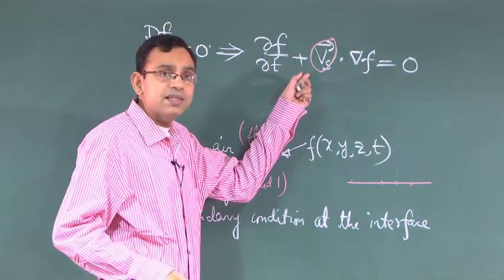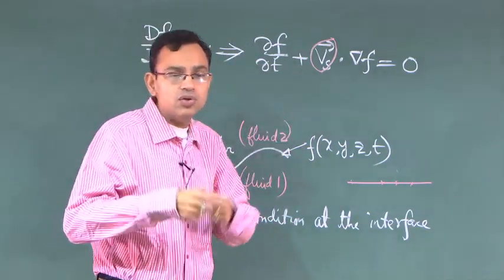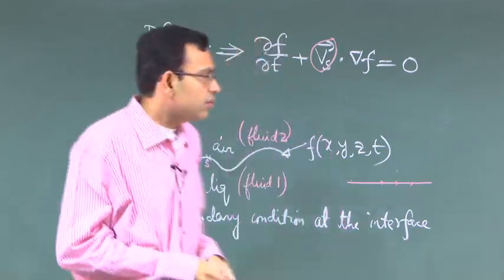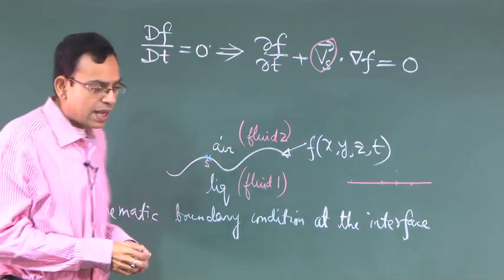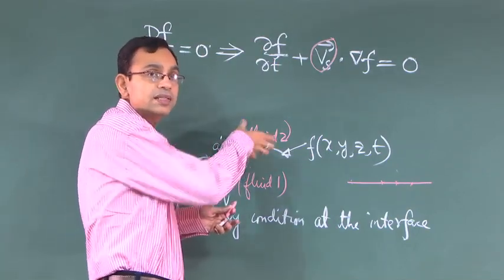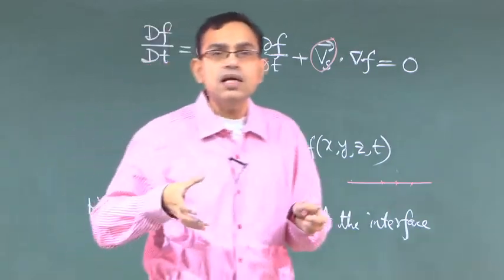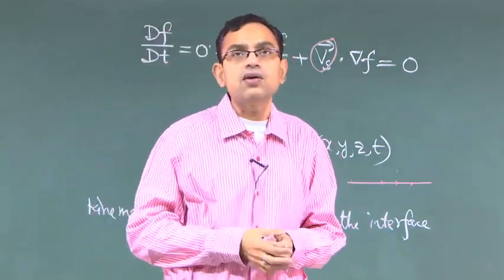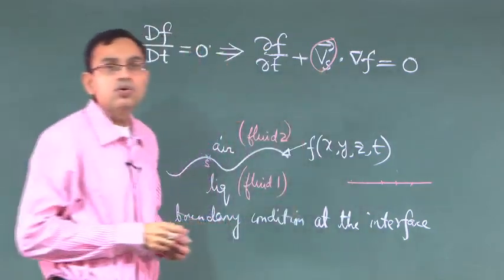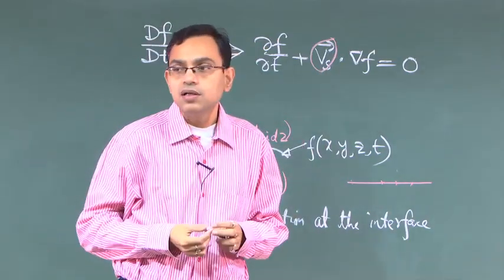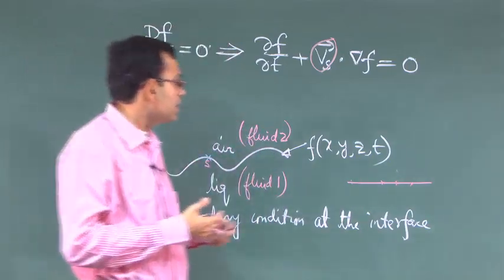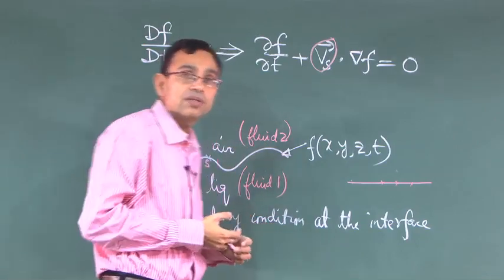This velocity is the same as the fluid velocity when there is no net mass flux across the interface. So, when these two phases for example are immiscible phases, that is, they do not mix with each other, then there is no net mass flux across the interface, and then Vs is equal to V. So, Vs is equal to V of the fluid when there is no net mass flux across the interface.